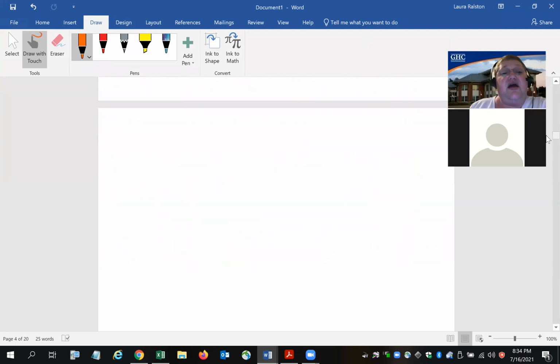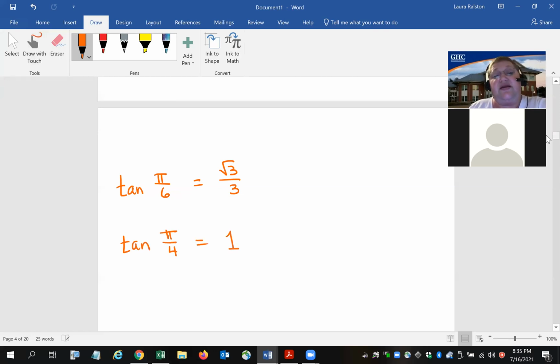Okay, the tangent of any of your pi sixths is going to be square root 3 over 3. Now it could be positive or negative depending upon which quadrant you're in. The tangent of pi fourths is 1 and the tangent of pi thirds is the square root of 3.